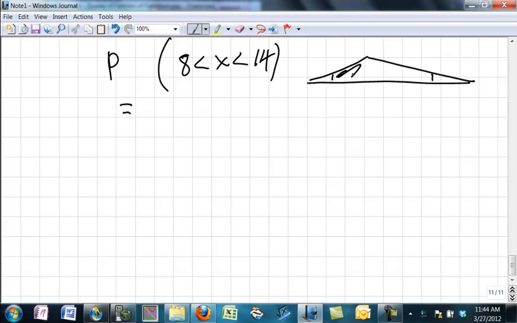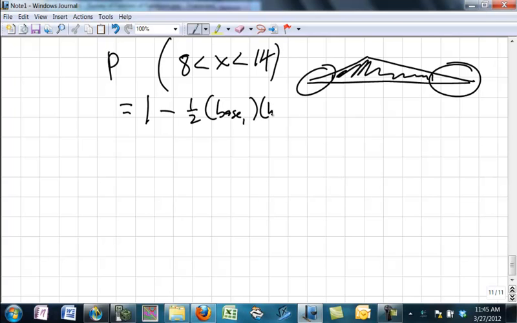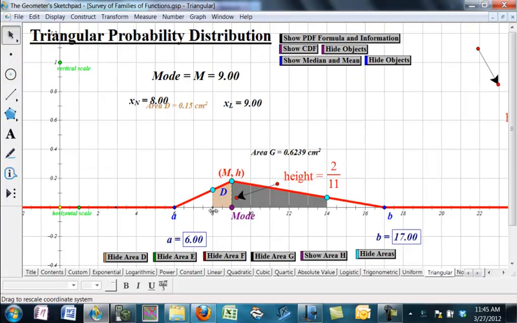So it's 1 minus the one triangle, 1/2, base 1, height 1, minus the other triangle, 1/2, base 2, height 2. Okay, let's see if we can figure this out. So this first one goes from 6 to 8. That's a base of 2.